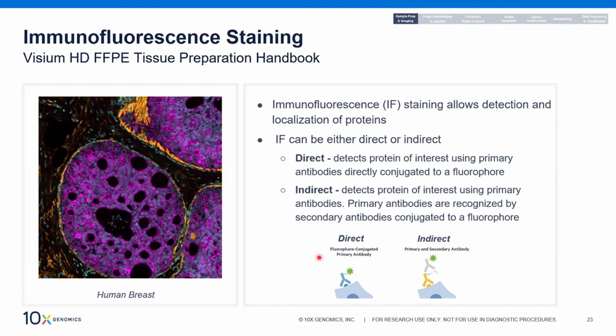The direct version detects the proteins of interest when the fluorophore is conjugated directly to the primary antibody you are trying to use. Or you can do it in an indirect staining, which detects the protein of interest with a primary antibody that then binds a secondary antibody that is conjugated to a fluorophore. So both of these, of course, are possible for you to use.